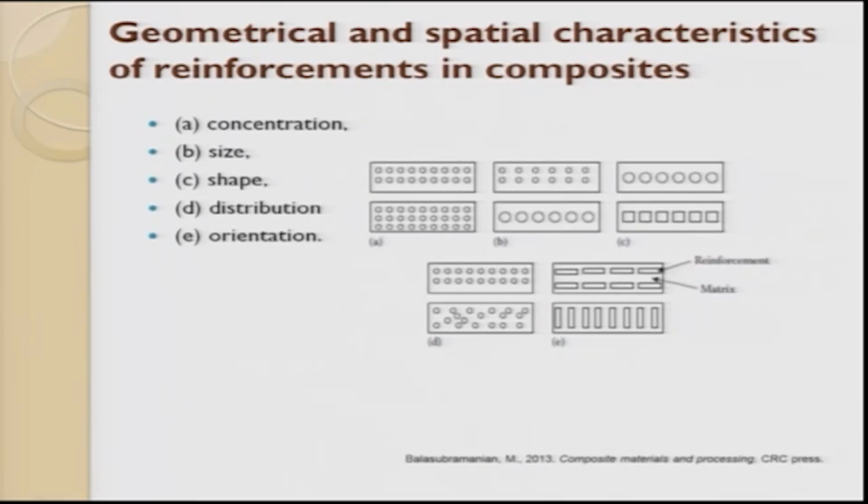If the load is taken along the 0 degree direction, it will have higher strength compared to 90 degrees. If you stack these two alternatively, it will give a hybrid property. So, concentration, size, shape, distribution and orientation all play an important role as far as the property of the composite is concerned.